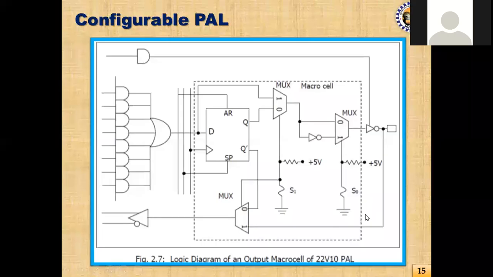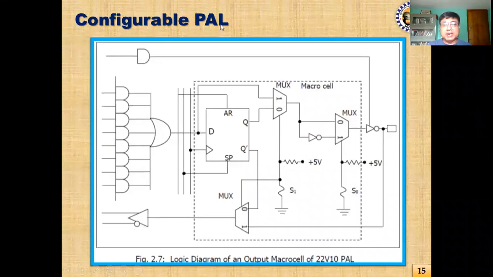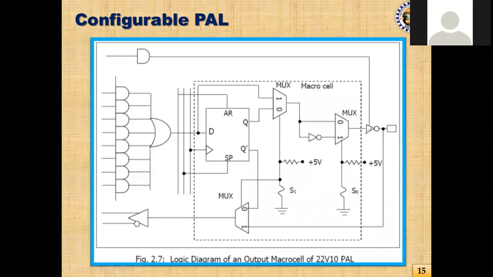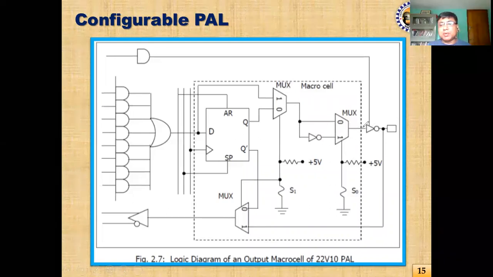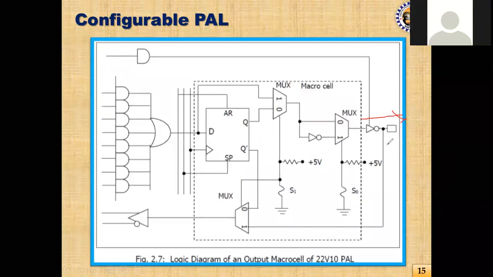Since this is a much improved type of programmable array logic, this pin can function as output as well as input. Whenever it functions as output, the signal will travel from this path, this way, and during that time this pin will function as output only.